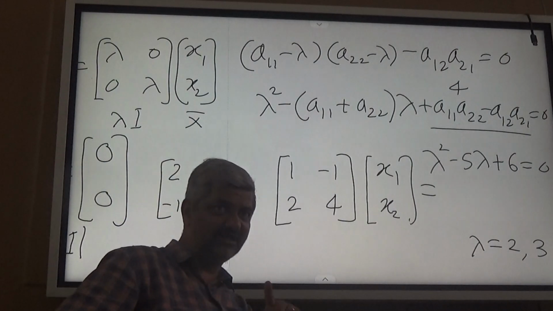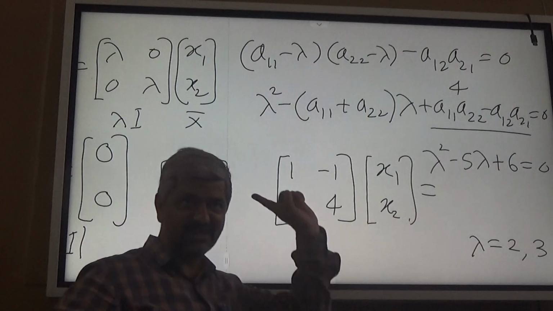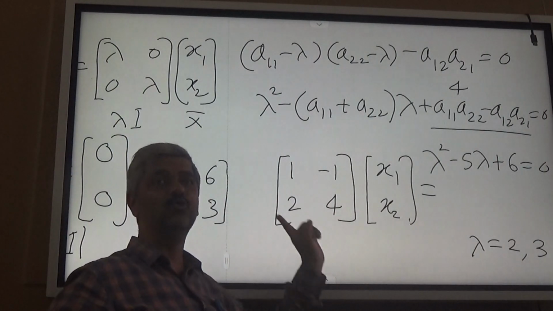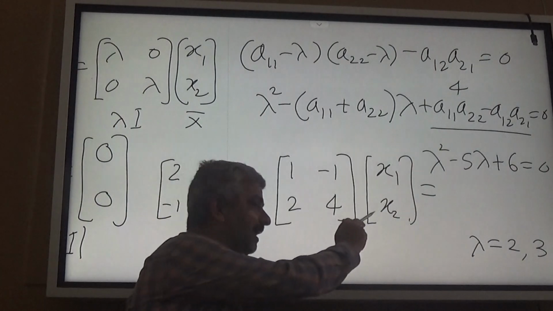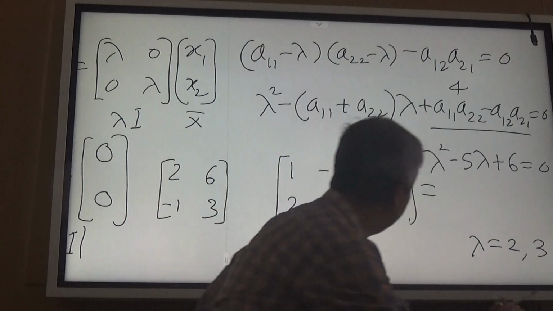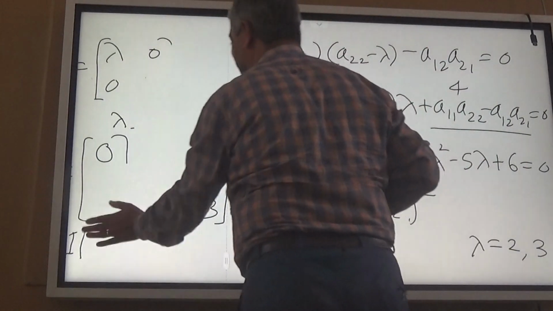There is an eigenvalue of 2 for lambda equal to 2. There is a peculiar vector x for which A into that becomes 2 times this.